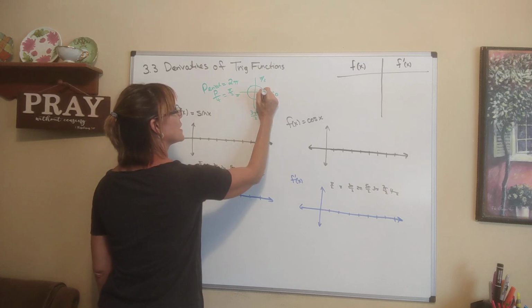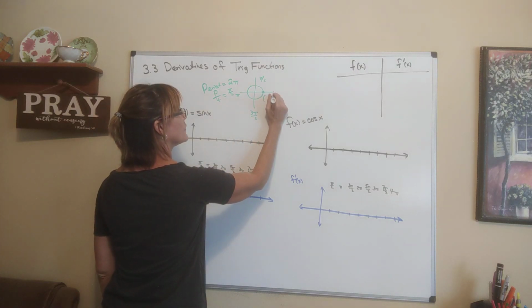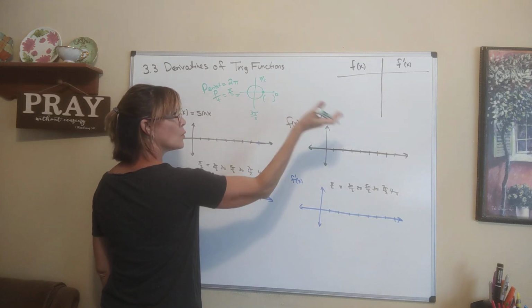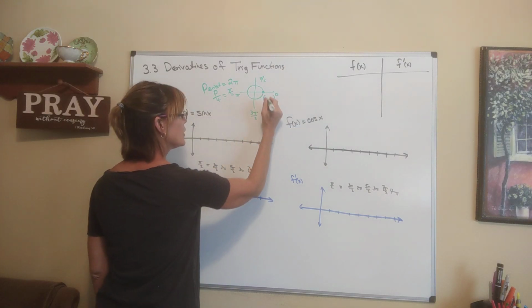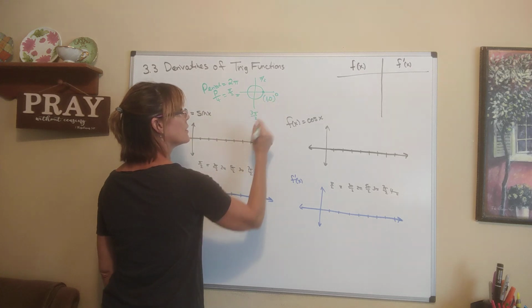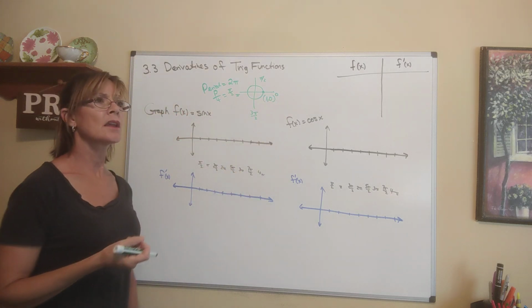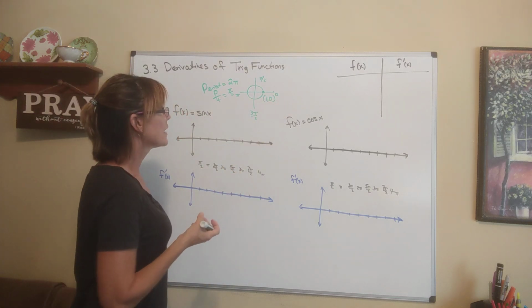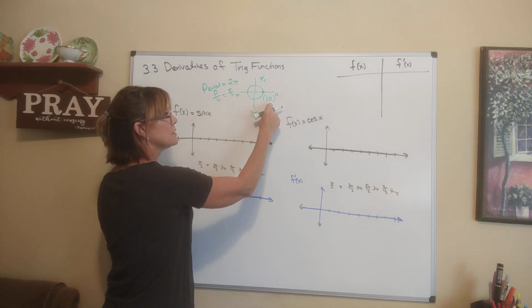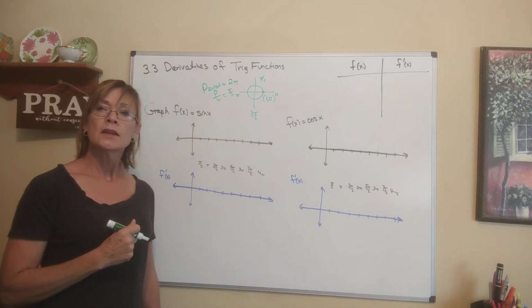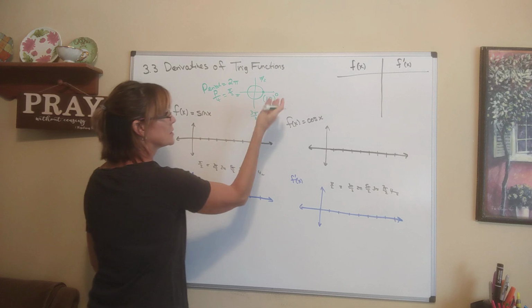So the sine of an angle, if you're looking at the unit circle, is the y coordinate. So this point on the unit circle is 1, 0. So we'd say, okay, the sine of 0 radians is the y coordinate, which is 0. And the cosine of 0 is 1, which is the x coordinate.